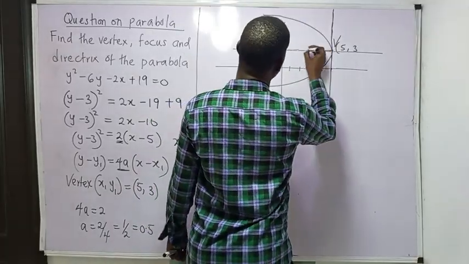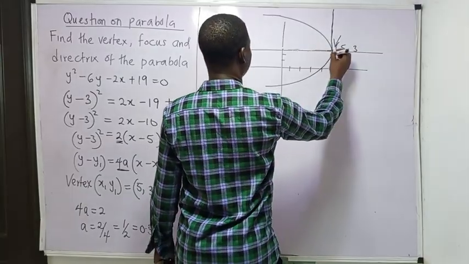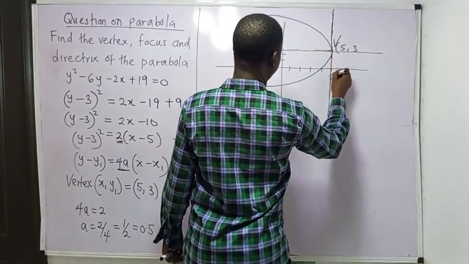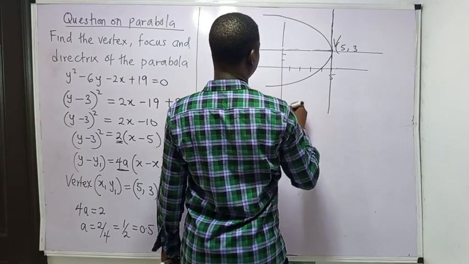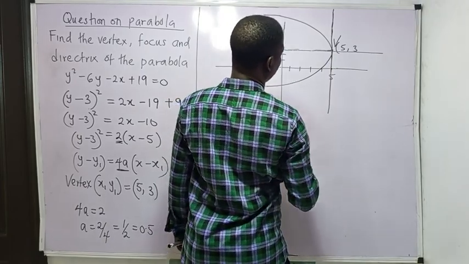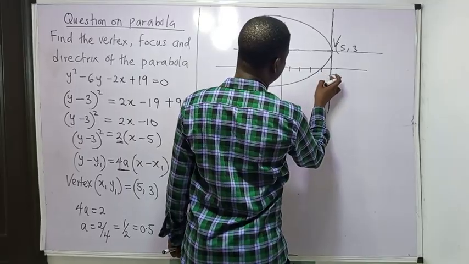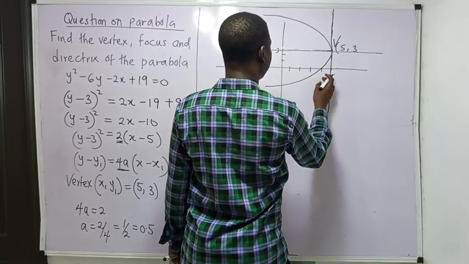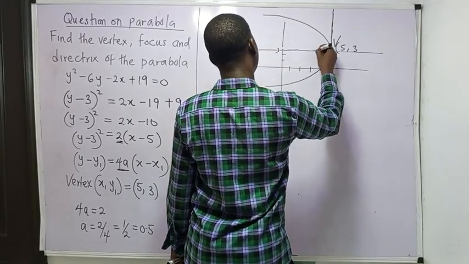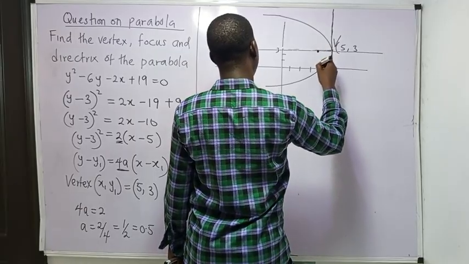So from here to this place is 0.5. Here is 5, don't forget, here is 3. If I take half from there, that means I'm going to have 0.5.